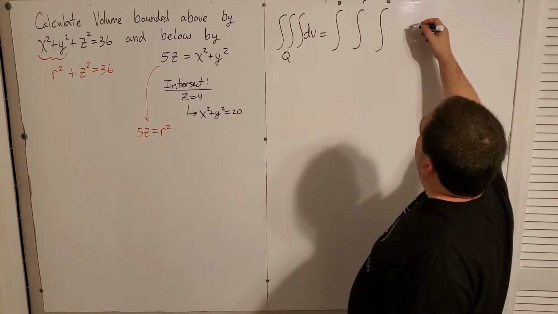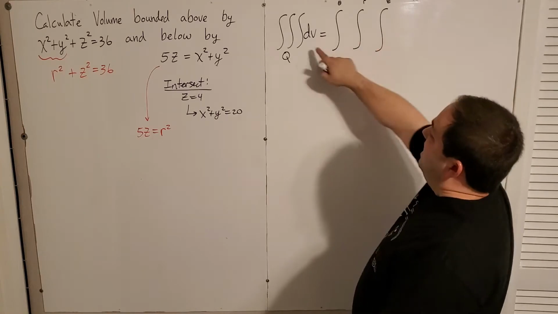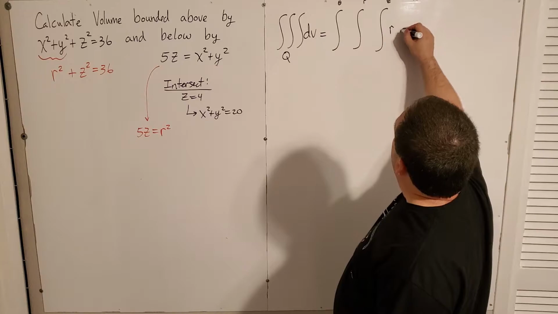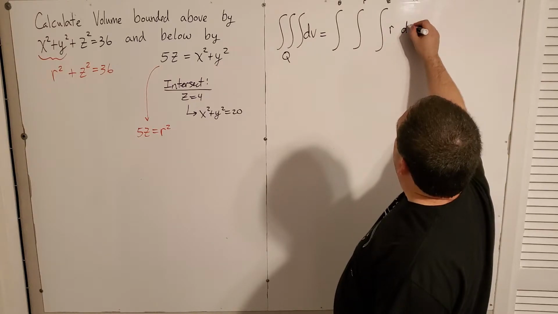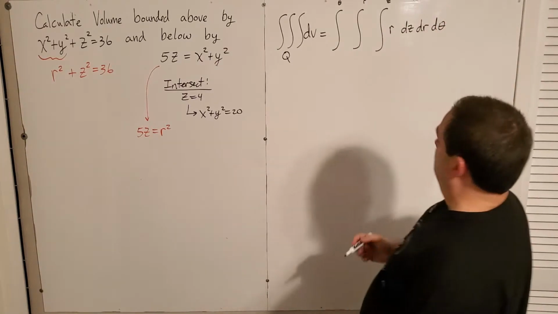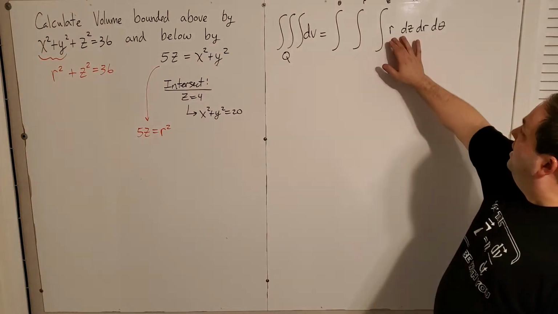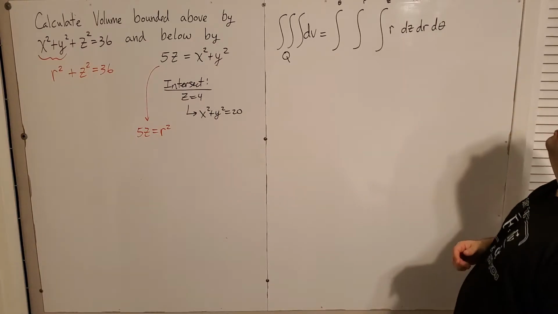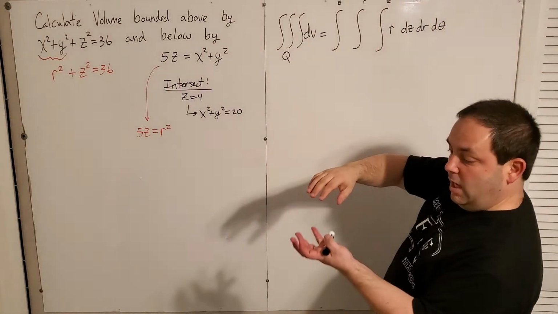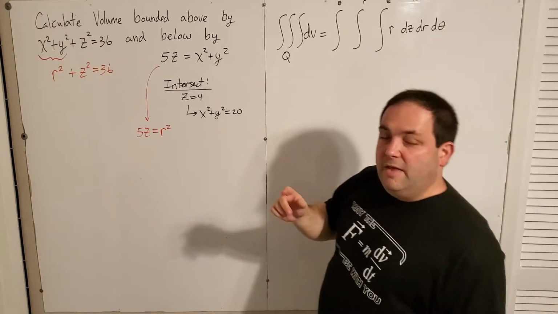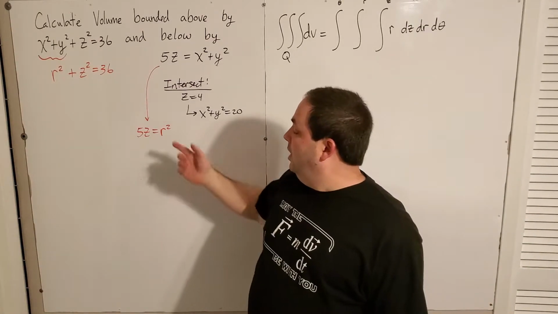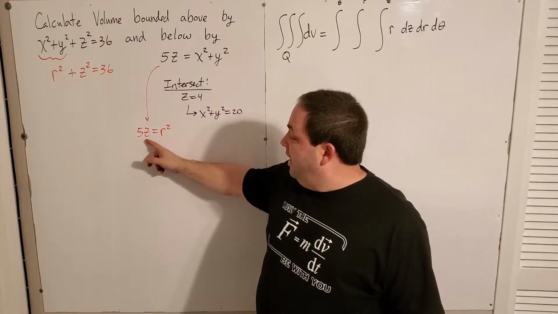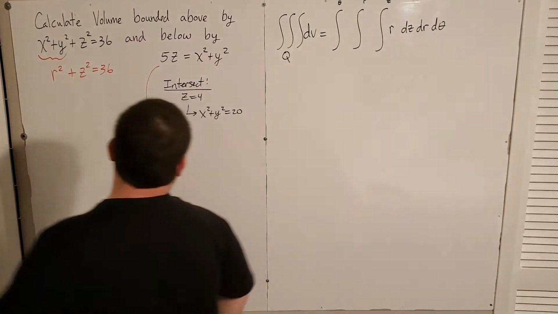Now of course I'm just doing dV, and since this is cylindrical, that's just going to be r dz dr d theta, right? The r d theta is part of the polar, and then I've still got my dz and dr in there. So z is still from bottom curve to top curve, but they've changed into polar form, well, cylindrical form. So the bottom curve, the paraboloid, 5z equals r squared.